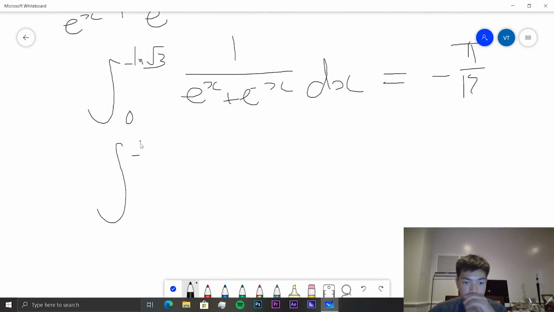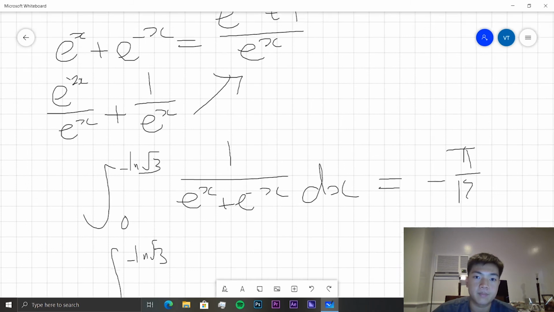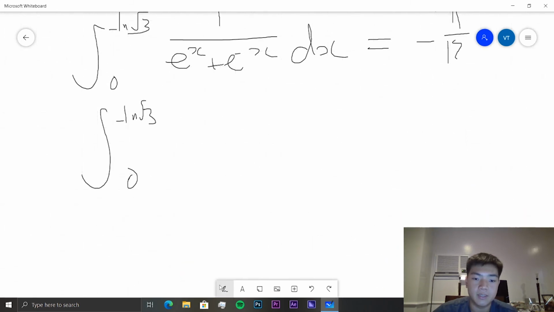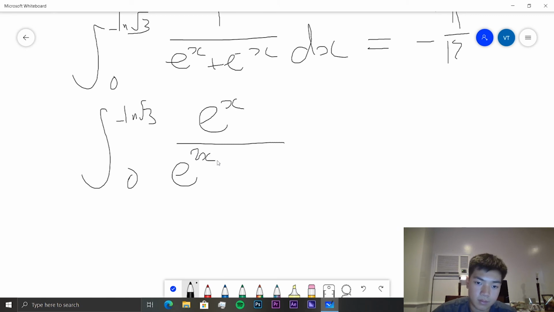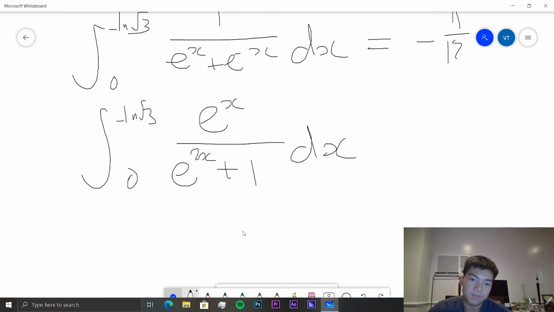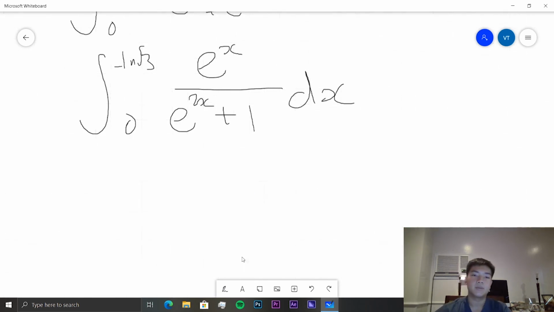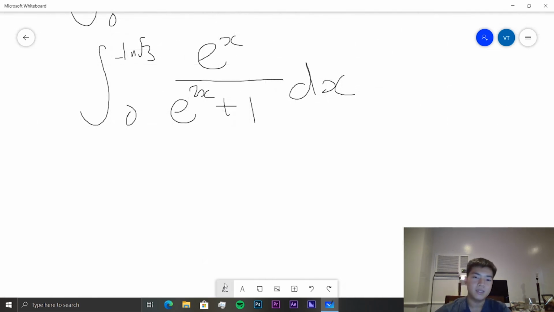So the integral from negative ln root 3 to 0 of e to the x over e to the 2x plus 1 dx.